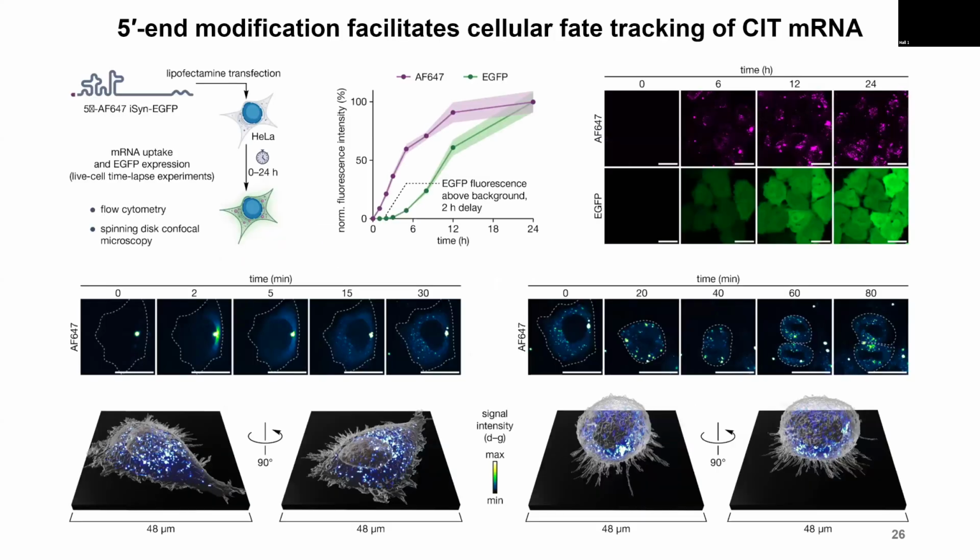And finally, I wanted to briefly mention that you can use exactly the same mRNA constructs with the dyes attached to the 5' end to characterize the mRNA uptake and get some more mechanistic details. You can use flow cytometry as well as microscopy to track the mRNA uptake and protein expression to, for example, calculate the lag between the delivery and expression.